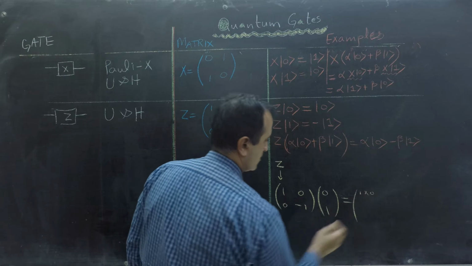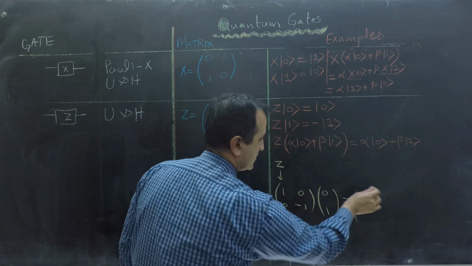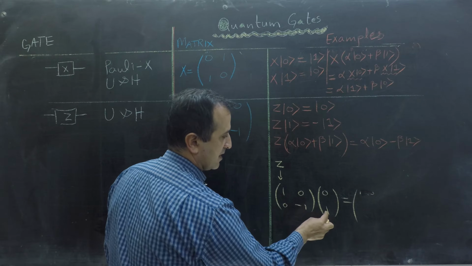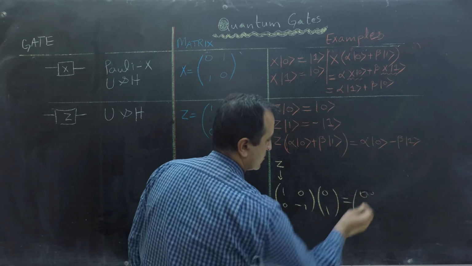1 times 0 is 0, so I will have 0 here, and then 0 times 1 is also 0, so my answer will be 0.